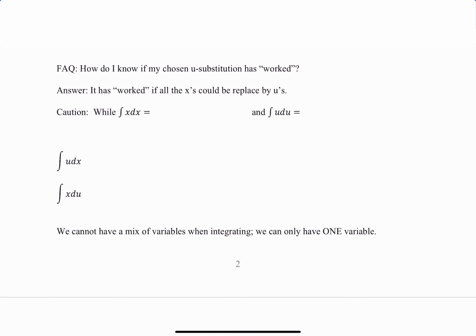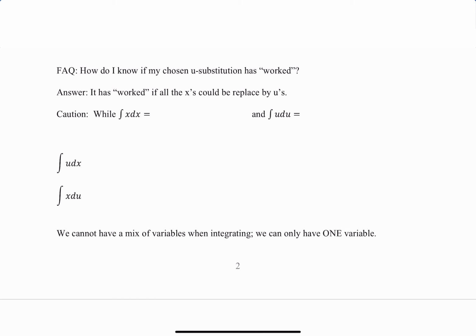And here's a cautionary note. We know that the integral of x dx is 1/2 x squared plus c. And similarly, the integral of u du would be 1/2 u squared plus c. But what about the integral of u dx or x du?